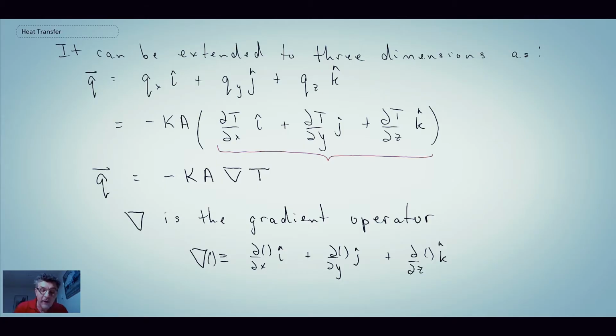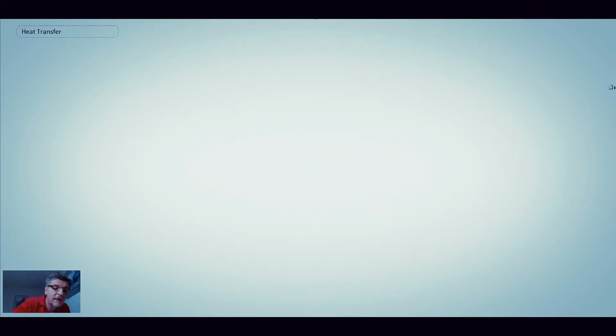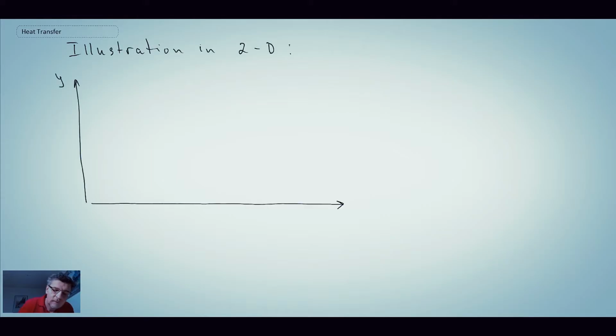Now, what we can do is illustrate what is going on graphically. Let's take a look at what that looks like, and we'll look at this in 2D. So let's imagine we have some object and we'll write it out as being x and y. If we could go in and measure the temperature at every point in that object and then plot up what we call isotherms, so those would be lines of constant temperature, we would get something like this.